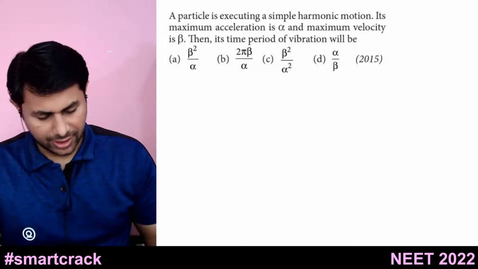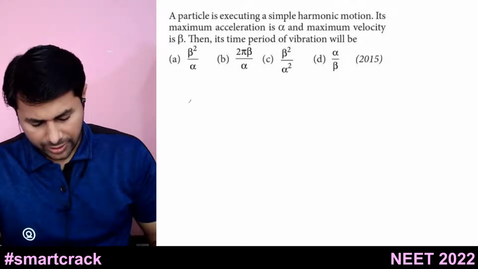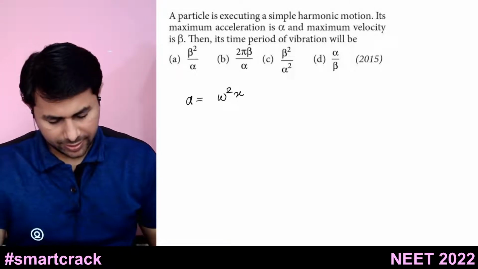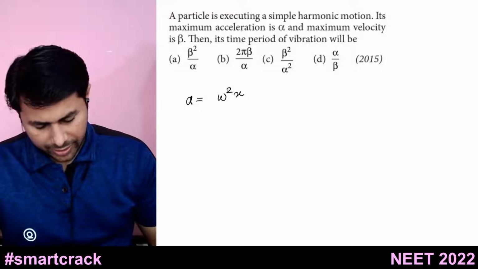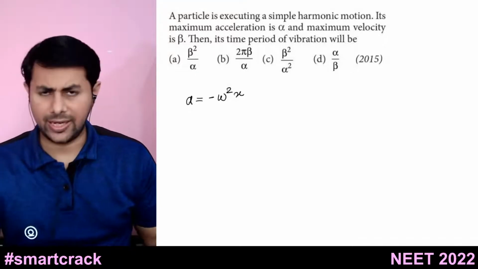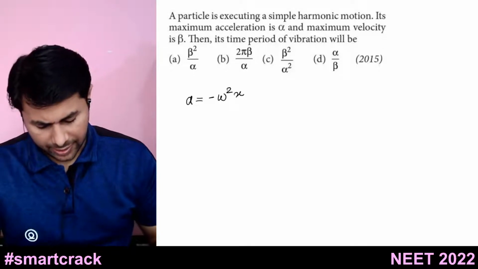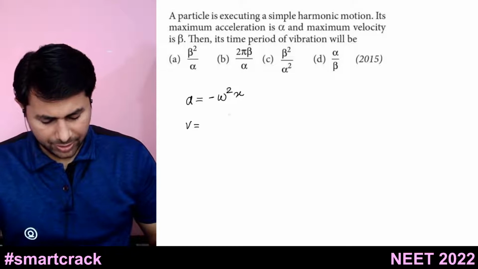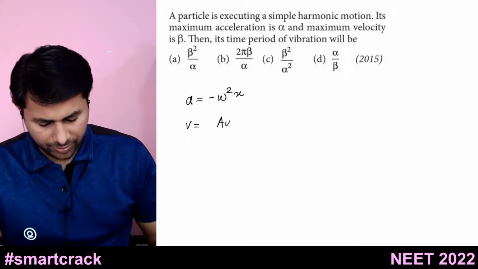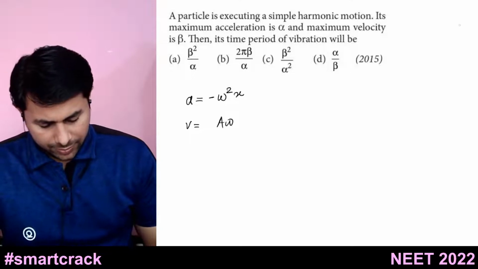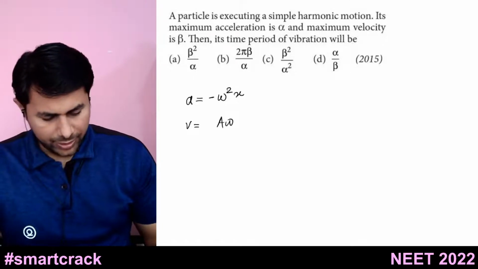Maximum acceleration is alpha. So see, what is acceleration? It is minus omega square x. And velocity, the amplitude of velocity is what? It is a omega.